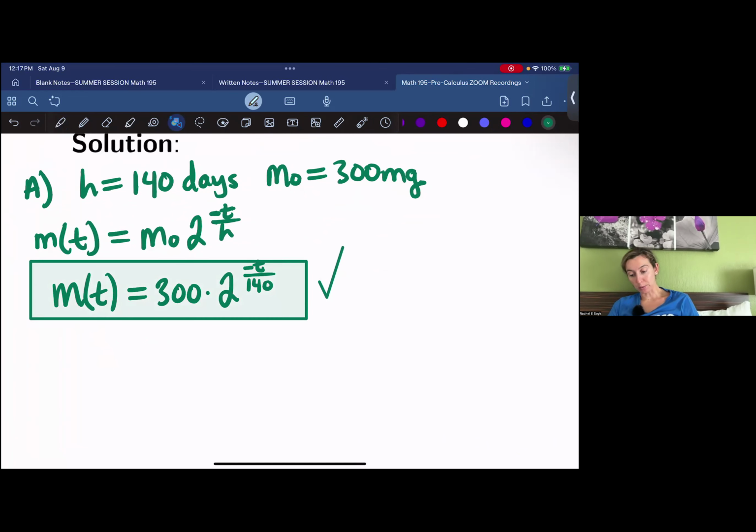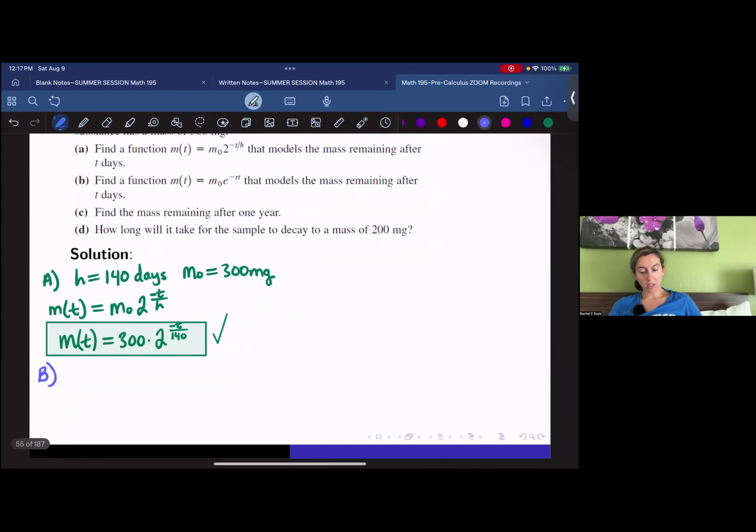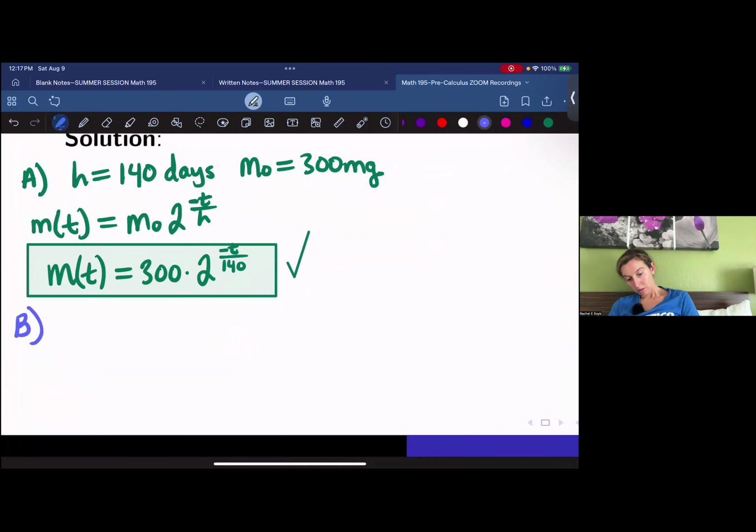Now let's move on to our part B, where we have: find a function m of t that models the mass remaining after t days. So now we're using our m of t is equal to m sub 0 e to the negative rt, since it's decaying.